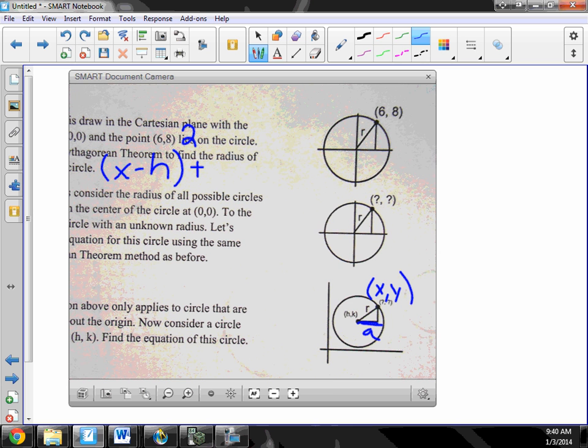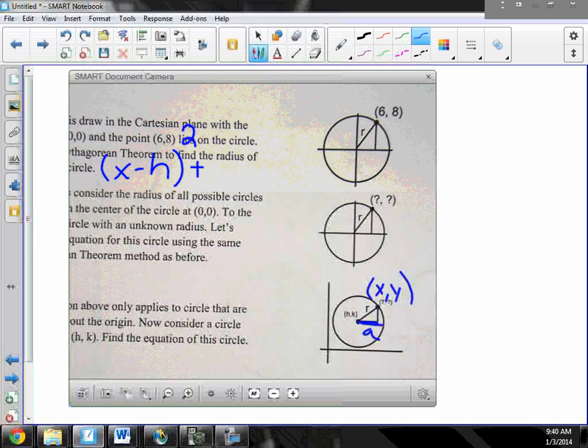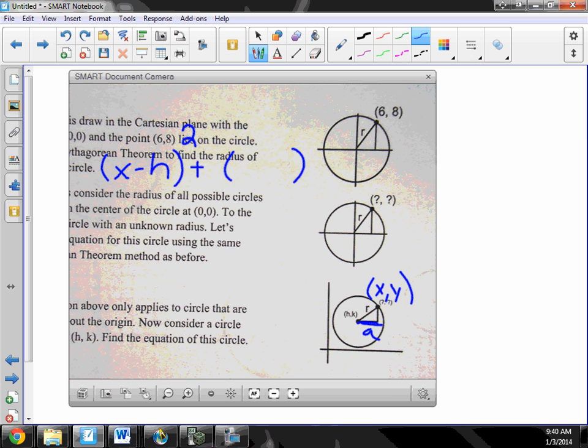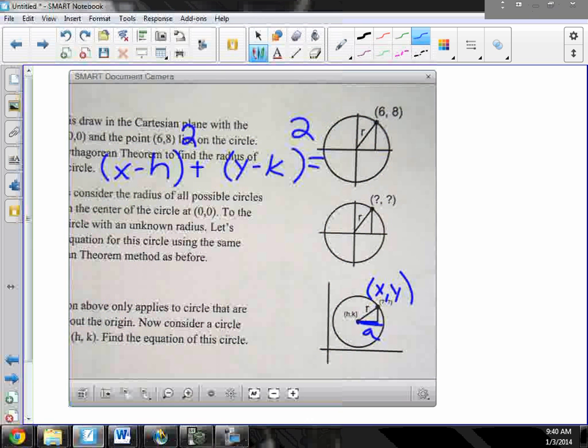So if on this first one you do x minus h, then on the second one you will have to do y minus k. If you did h minus x, then you could flip the other one. But they have to match. So y minus k squared equals r squared.